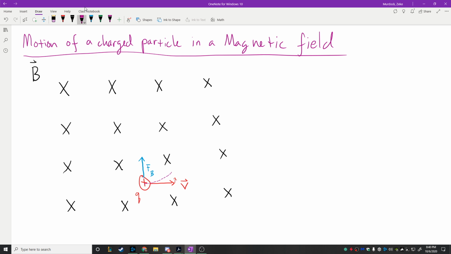At this point right here, what would the direction of the force be? So after it's curved a little bit, and it gets to this point, like let's say right here, where its velocity vector goes that way, what's the direction of the force? The horizontal velocity stays the same. That's not true.